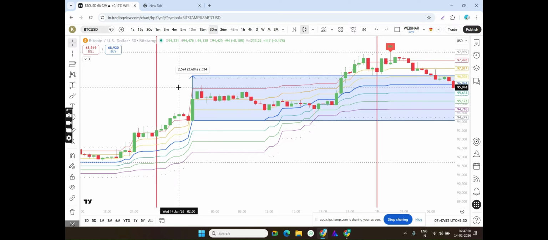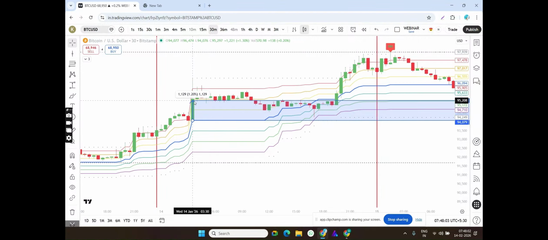So targeting 1%, 1.5 and 2 would be the three targets. This would have been the 1% target here, and then this is 1.5, and next is 2.